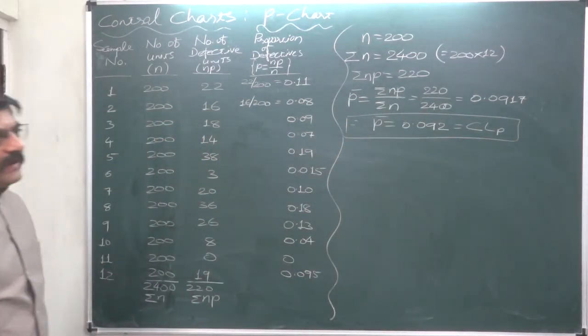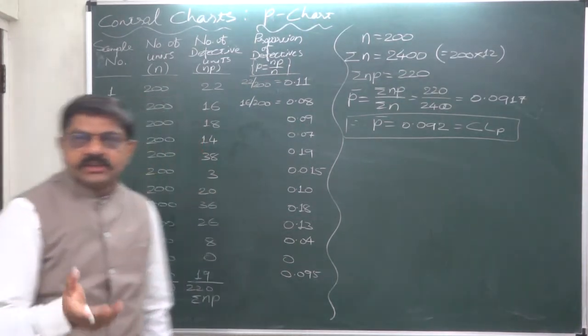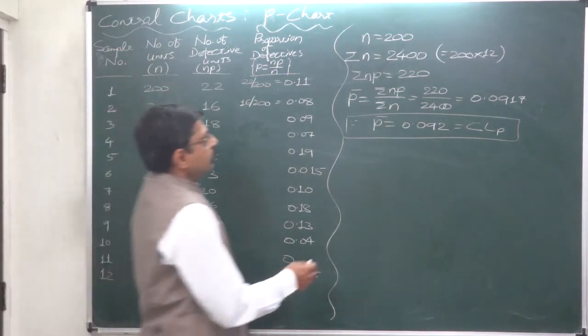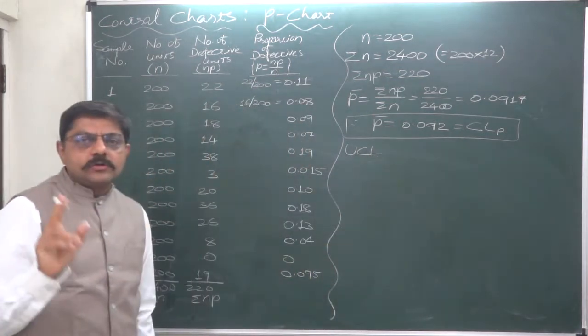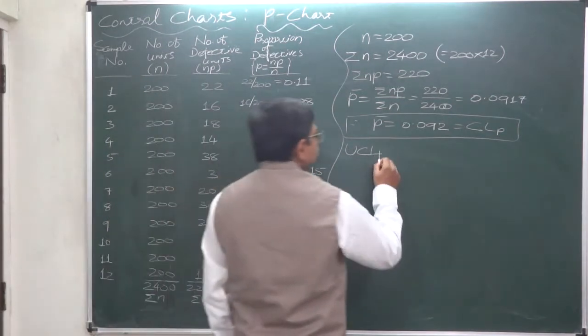Now it is turn of calculating the upper control limit. As in case of mean chart and range chart, we know what is upper control limit and lower control limit. In case of the P chart, the upper control limit, please write the title upper control limit first and then only use the short form.